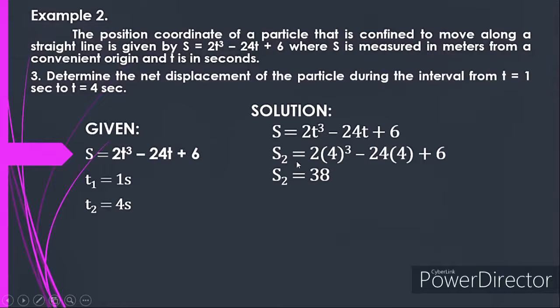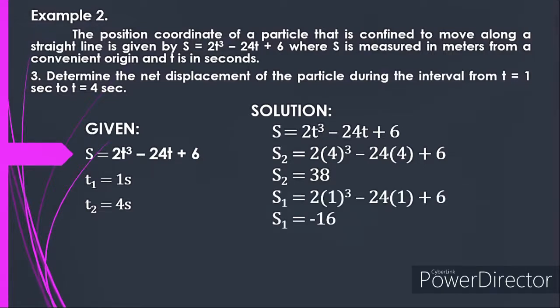S2, syempre S2, gamitin natin si T2, yung second na time. S2 is equals to 2 times 4 cubed minus 24 times 4 plus 6 will result to 38 meters. Then, using the one more given, t is equals to 1 second, S1 will become negative 16 meters.